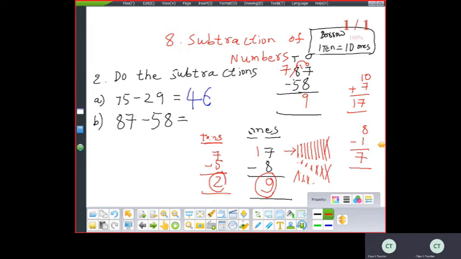This answer write in tens place. 2, 9, 29. 87 minus 58 is equal to 29. Our answer is 29. This is the question B.